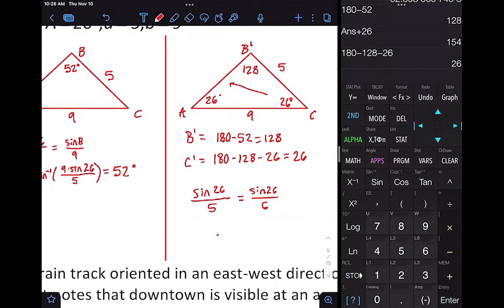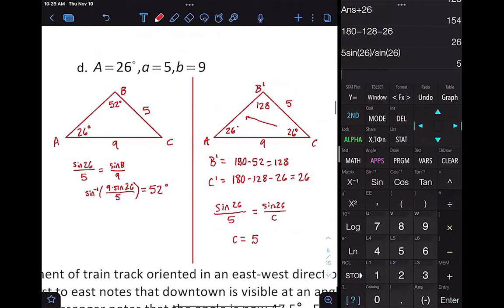And you can cross multiply and do all that stuff. 5 sine 26, and then divide by sine of 26. And notice you get 5. That's because it's isosceles there, kind of a special case.